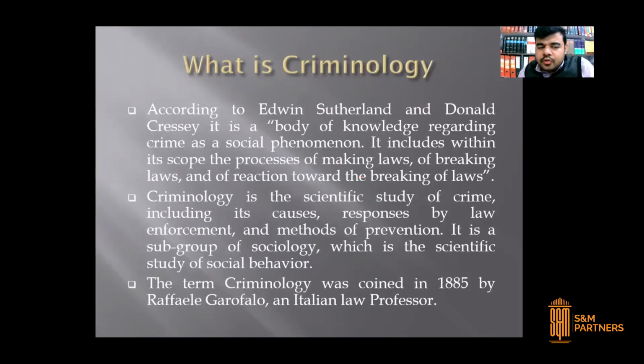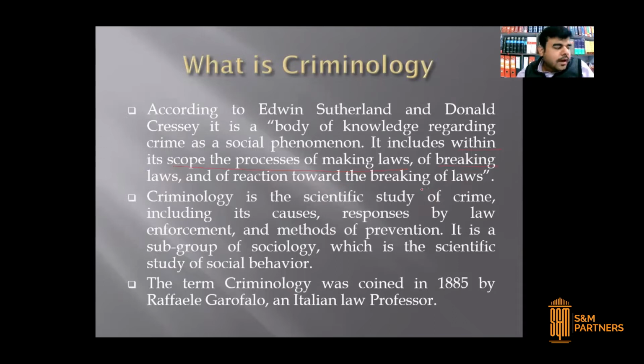What does it include within its scope? Let's understand that first, and then we can move ahead with what criminology is. Now, it includes within its scope the process of making laws, of breaking laws, and a reaction towards the breaking of laws.